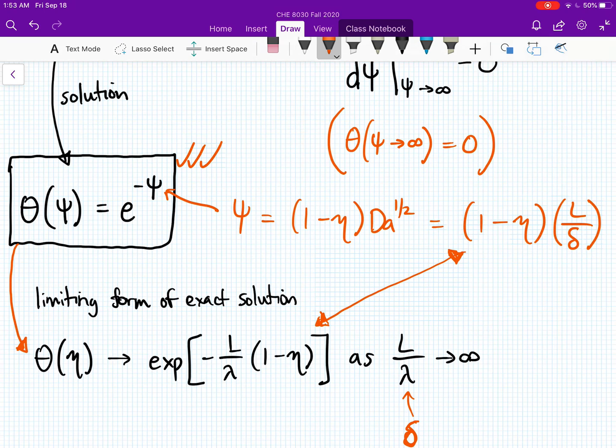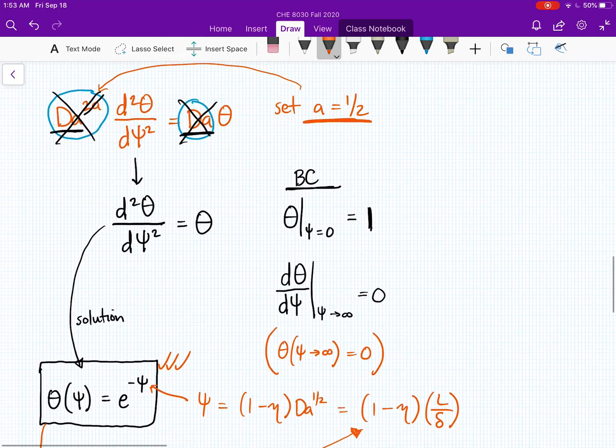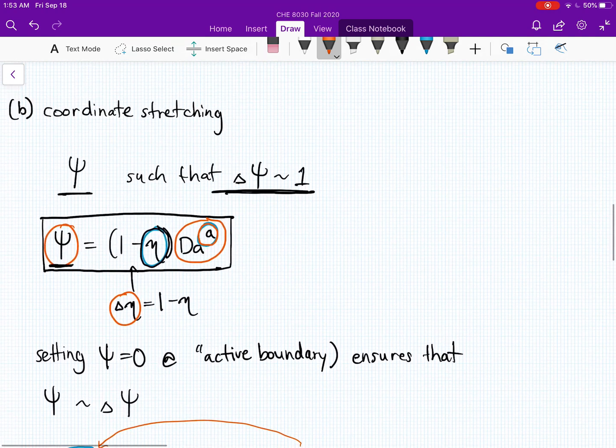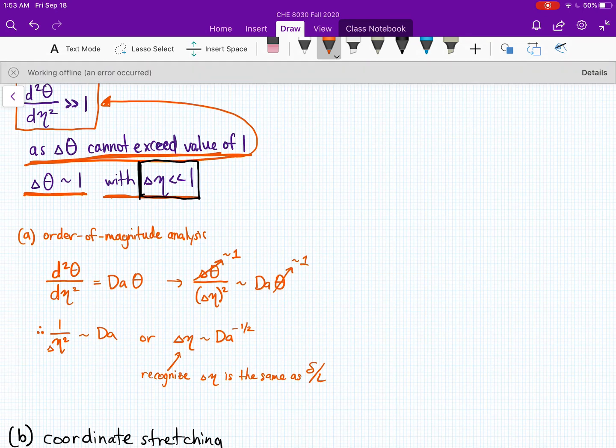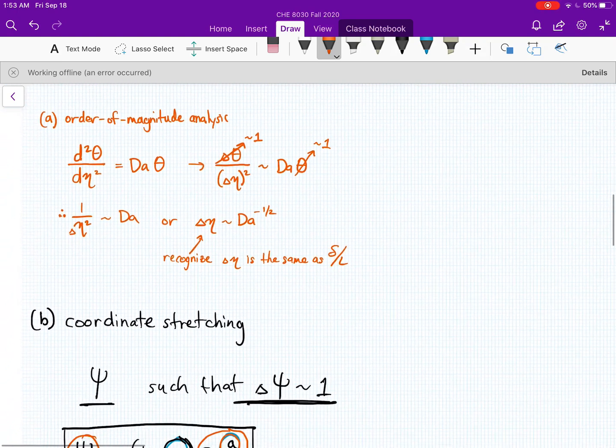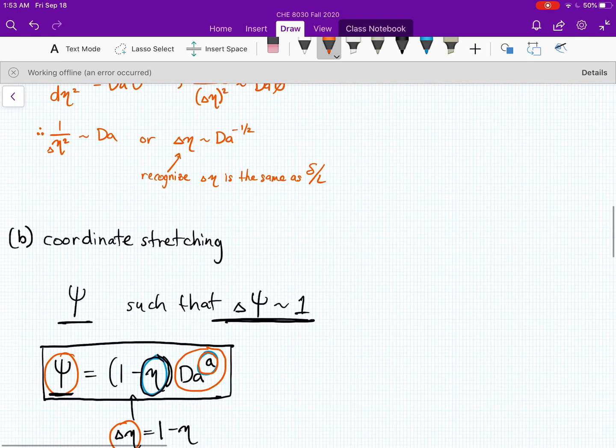Hopefully that was a good example to give you an idea of how we can use order of magnitude analysis to help us determine the order of an important parameter. In this case, that parameter was delta, the thickness of the reaction zone. Then we can perform coordinate stretching, where we define a new variable, here psi as the following.